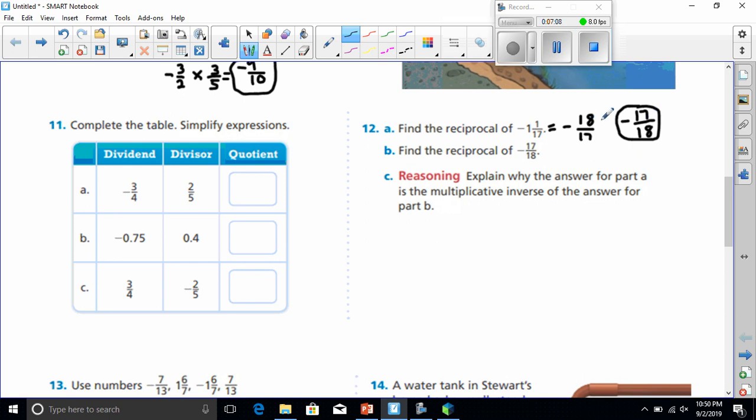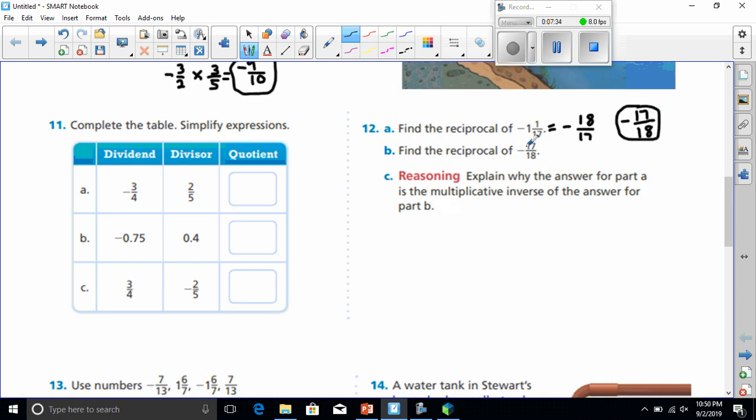Well, it's because any number that I can multiply to the number that I have that will equal 1 is my reciprocal. Okay? So we can see that if I multiply this, I'd be using the butterfly method to get rid of both my numerator and denominator and leaving negative 1 times negative 1, which equals a positive 1.